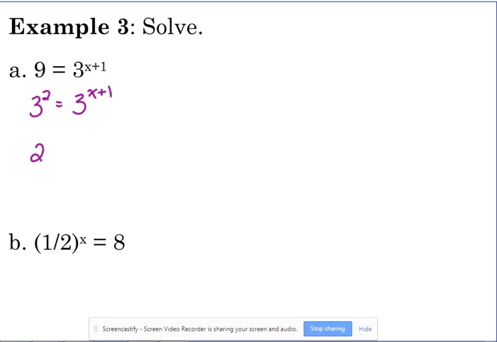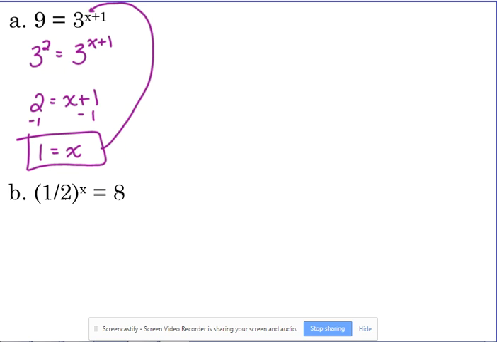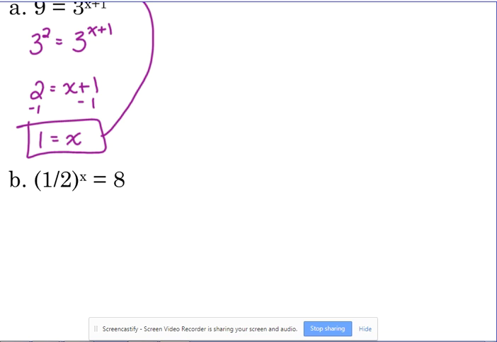So as long as we have the same base, we can just set the exponents equal to each other, and we're going to get the answer, right? X equals 1. Take a second, plug it back in, see if it's true. If x is 1, 1 plus 1 is 2, 3 squared is 9. Imagine that.